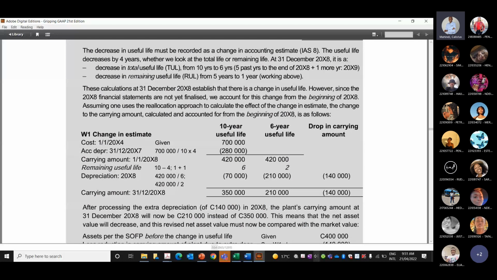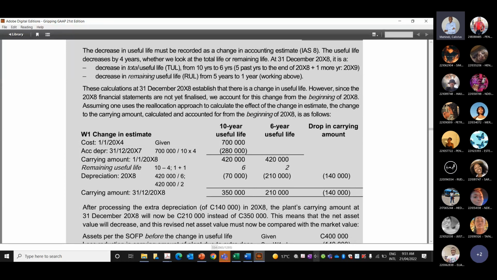So if we were at the beginning on 1st of January 20X8, how many years would have been remaining? It would have been the 5 years at the end of 20X8 plus the 1 year for 20X8 itself. So on 1st of January 20X8, there would have been 6 years. The remaining useful life of that asset would have been 6 years.